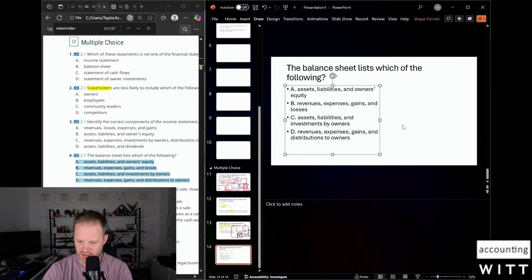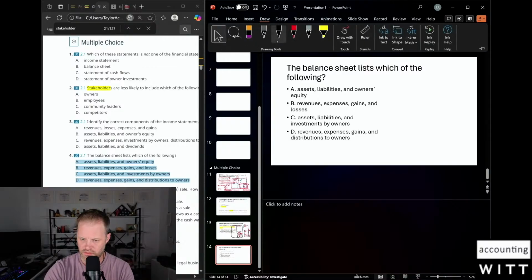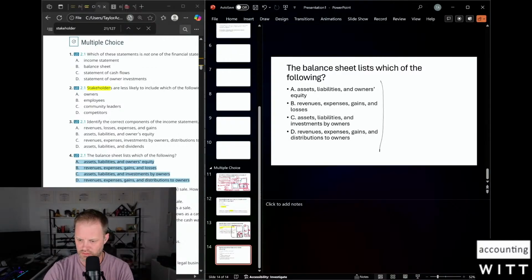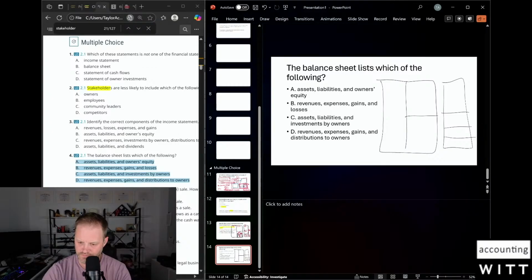The balance sheet: assets, liabilities, owner's equity. So obviously it's that one. Revenues, expense, gains, losses. It's not that one, because this is the balance sheet. That's the income statement.